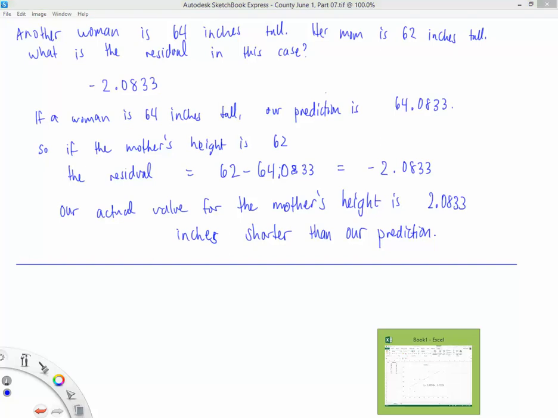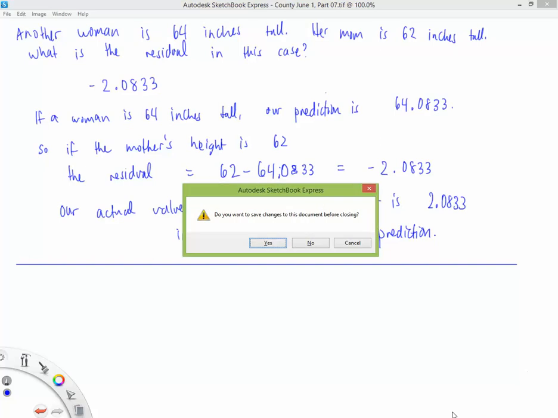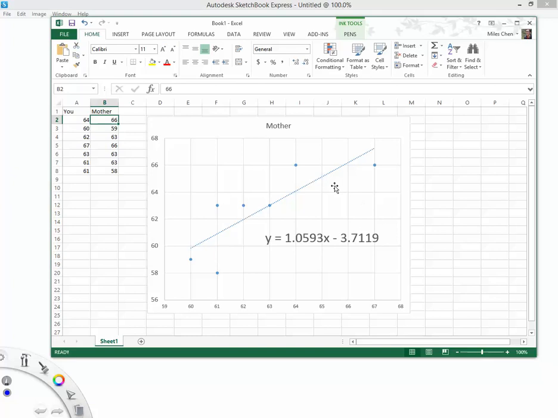Okay, let's do one more example. Do you guys all have this written down? Okay. All right, so again, from Excel, let's just list this out.